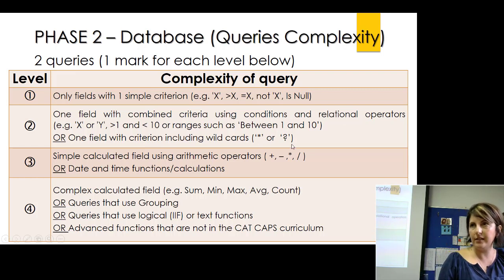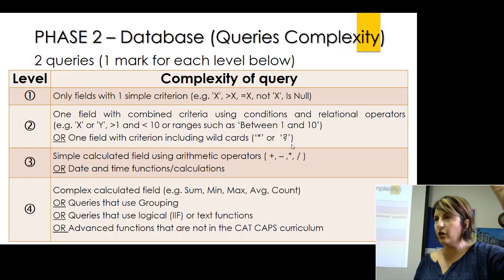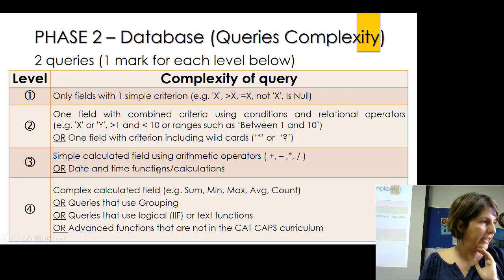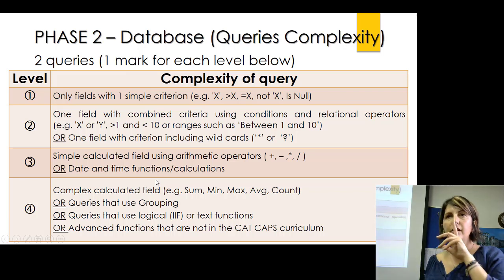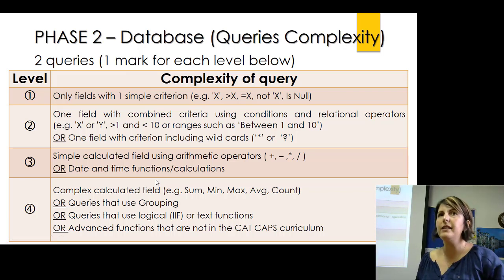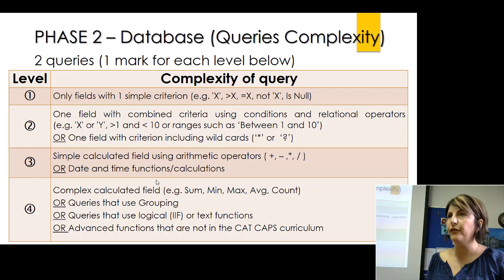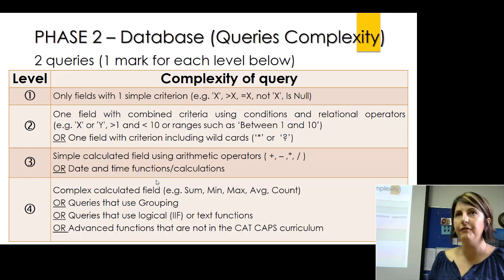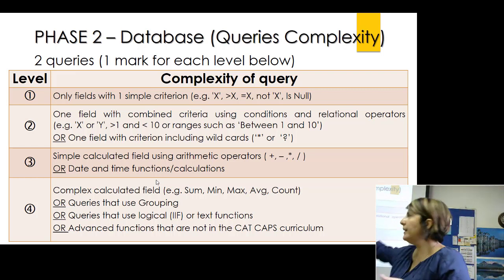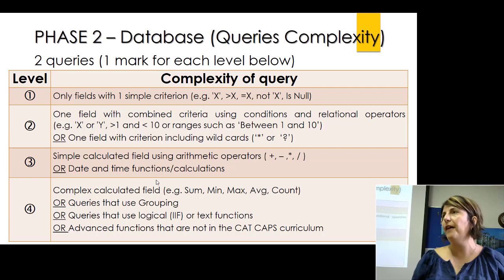So it's 2 things, the criteria and the wildcard, for example. Here it's 3 things. A calculated field, date and time functions. This is where in Gauteng that one year there were lots of kids who did an IIf, right? Yeah. And then the question paper in the final exam didn't request an IIf, but because many of the kids do an IIf here, they automatically fell for the IIf in the final exam. Alright?